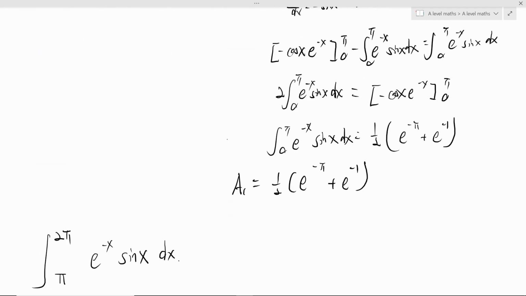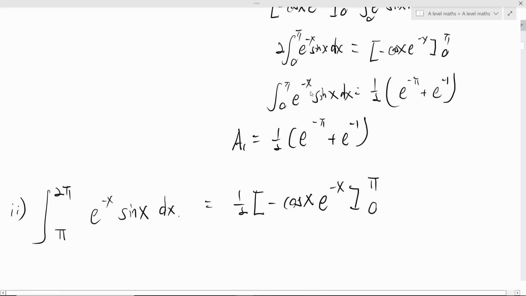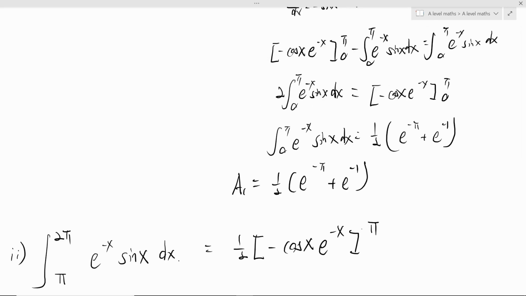So at the end of the day, we shall have a half of minus cos x e to the minus x between, sorry, not pi and 0, 2 pi and pi.